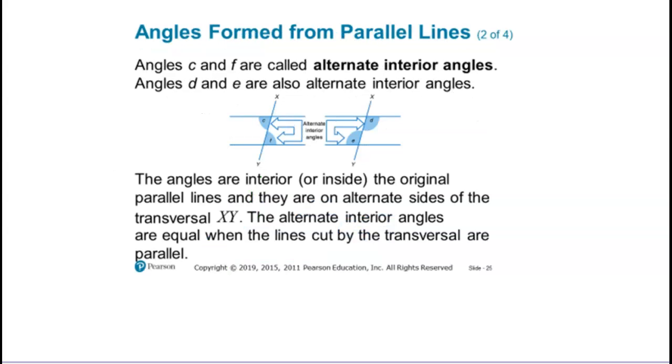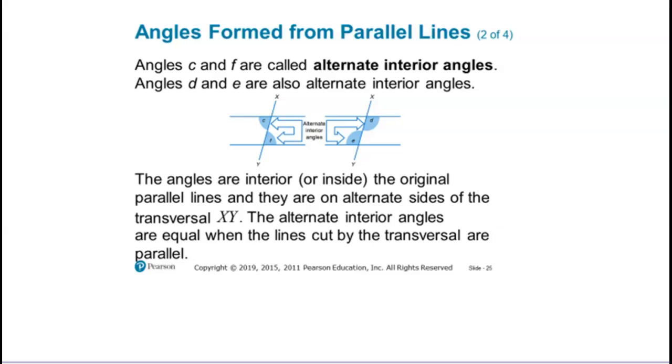And so, if we look at angles from parallel lines that are inside, they're called alternate interior angles of the transversal. In between where the parallel lines are, you can see that those angles are going to be the same.